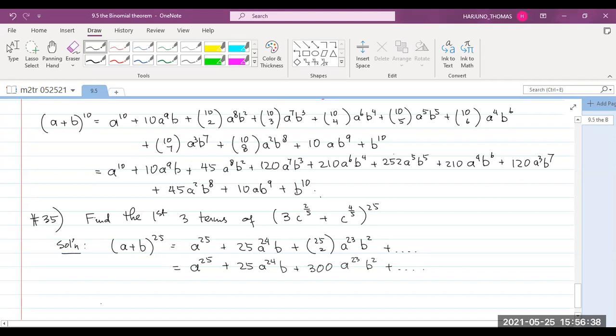Okay, now substitute a by 3c to the 2/5, and substitute b by c to the 4/5.